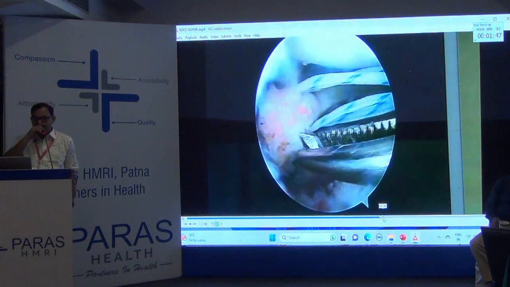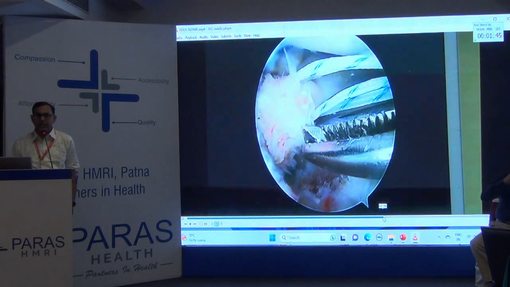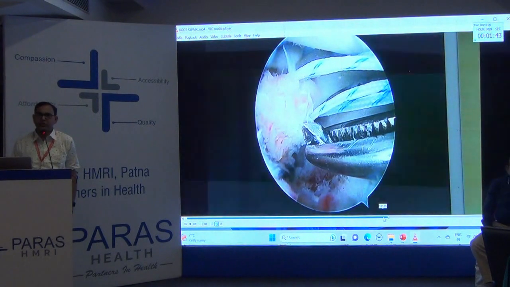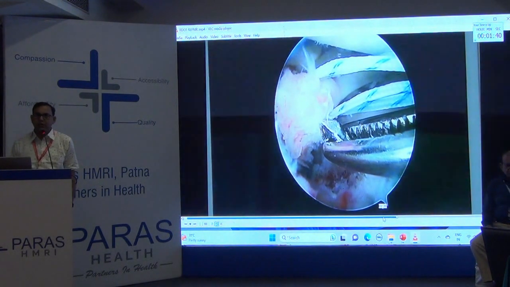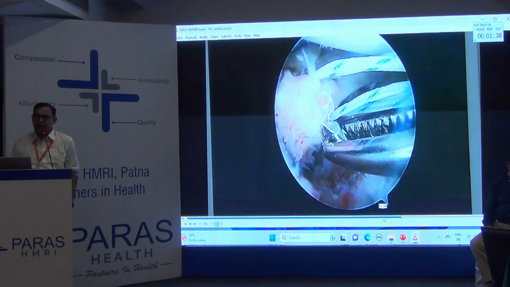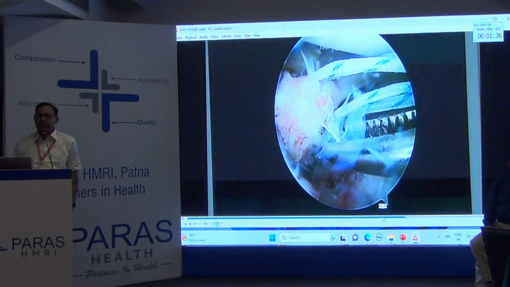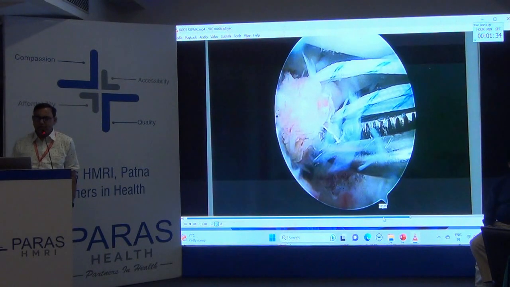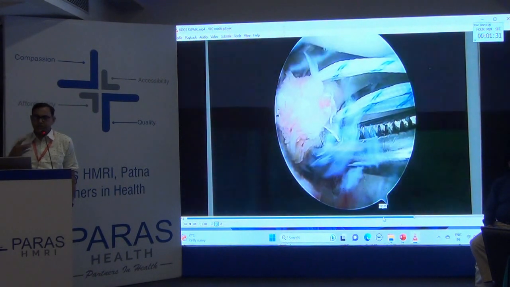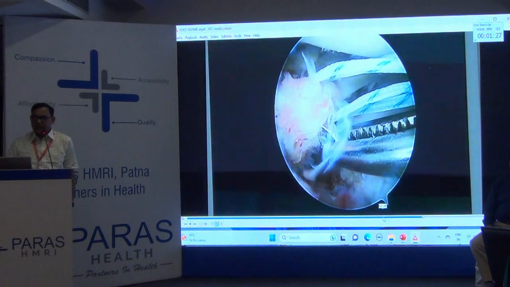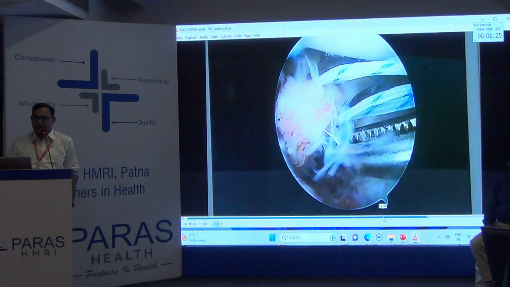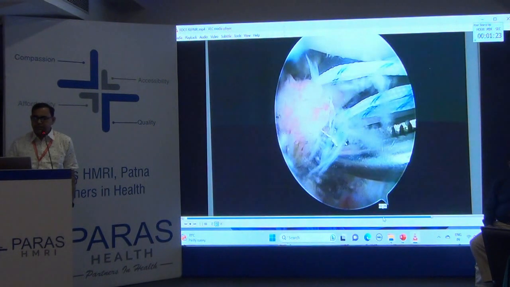It can be done with 2 tunnels or a single tunnel. In the case of 2 tunnels, there is no need to use hardware. It can be tied in front of the tibia over the bony bridge. But in the single tunnel technique, it should be tied with the help of suture discs or an endobutton. It is drilled with a 5 mm drill bit.